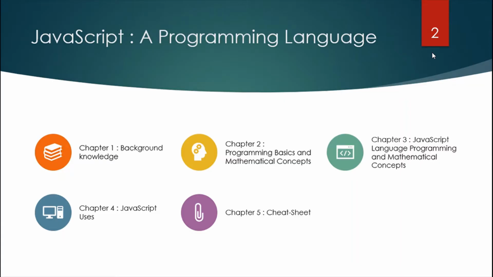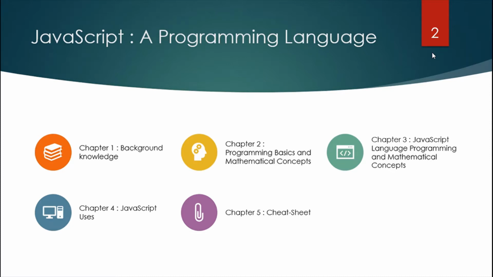So this would be the second slide, where there would be the background knowledge, the programming basics and the mathematical concepts, JavaScript language, programming and mathematical concepts, and then the JavaScript uses and the cheat sheet. To be frank, it won't be the same in this way. The background knowledge would be the history of JavaScript, where it came from, and how it evolved into a very good programming language, as we can see now.